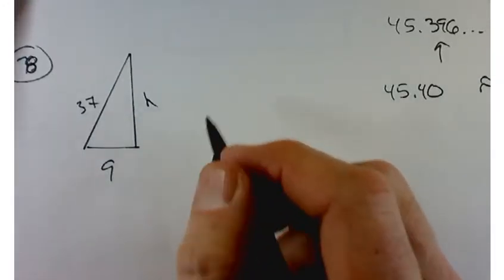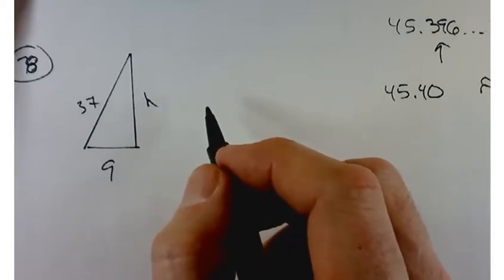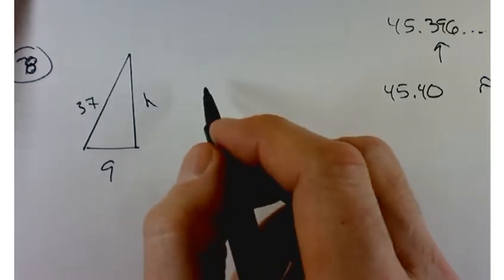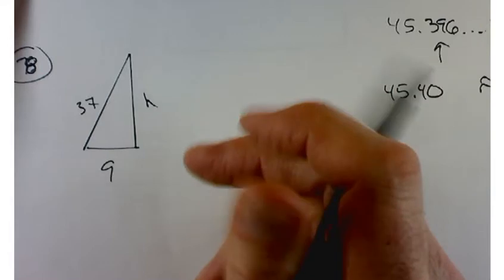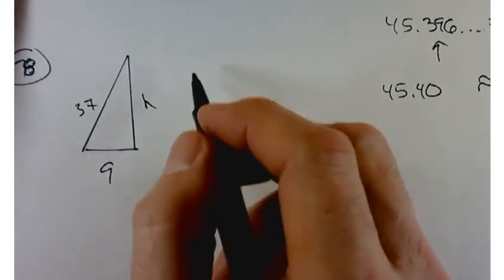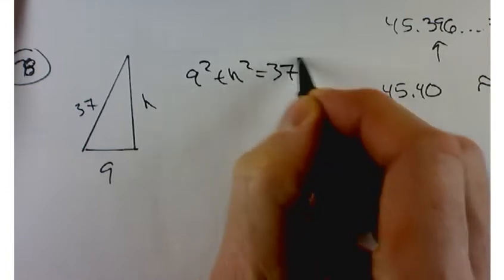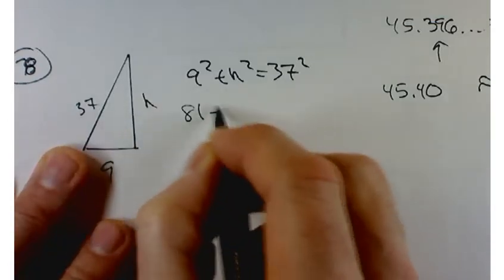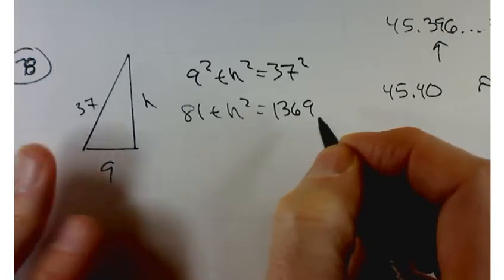What are we going to set up for this particular problem? What's the equation? Janika? What will that one look like? Thank you. So there's going to be 81 plus h squared equals 1,369.